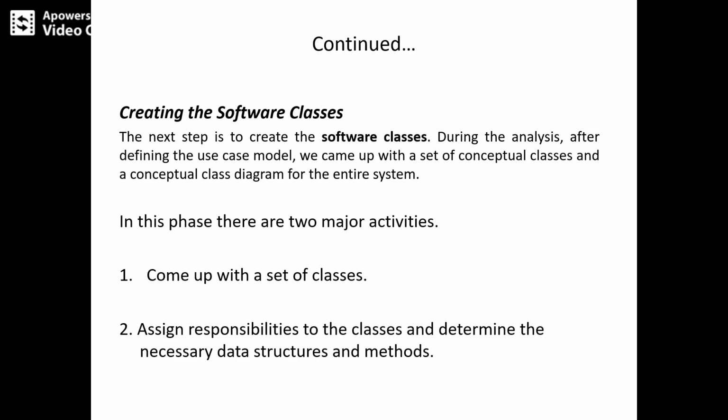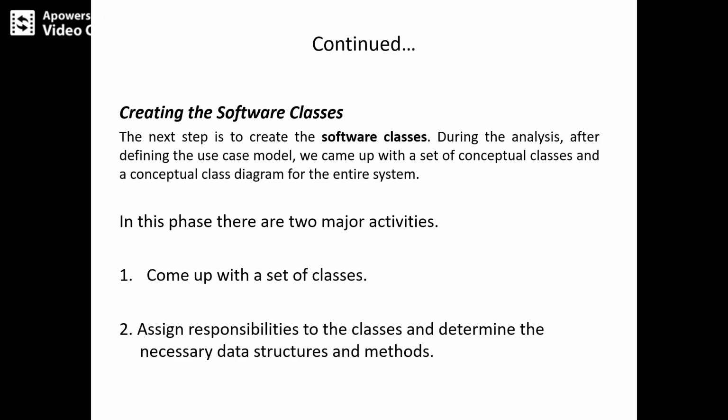In this phase, there are two major activities. One is to come up with a set of classes for the major subsystem, and assign the responsibilities to the classes and determine the necessary data and data structures and methods. This is very important.